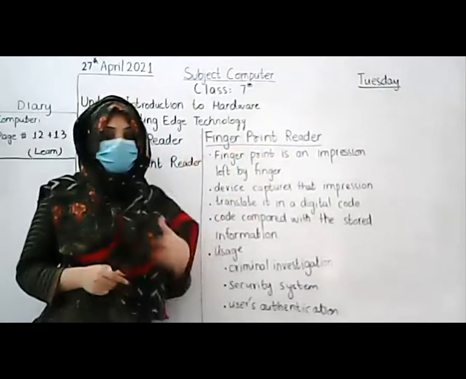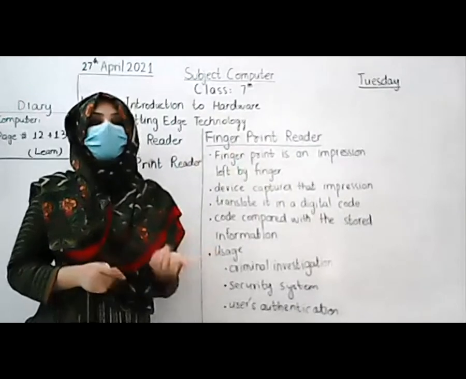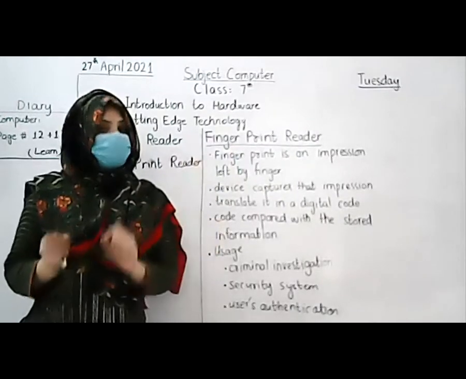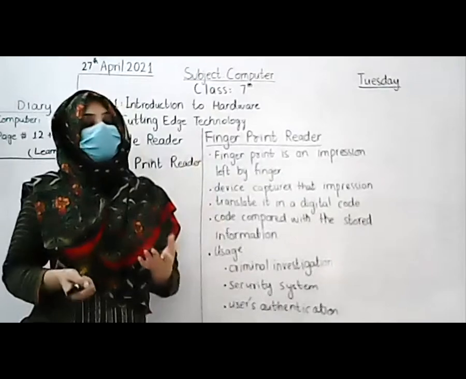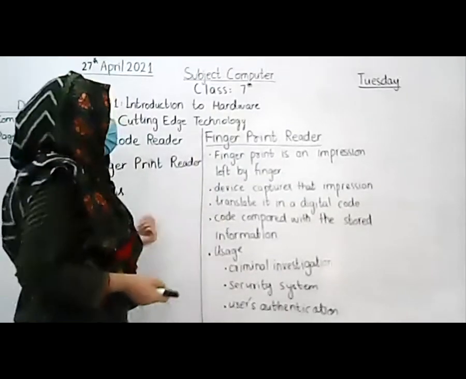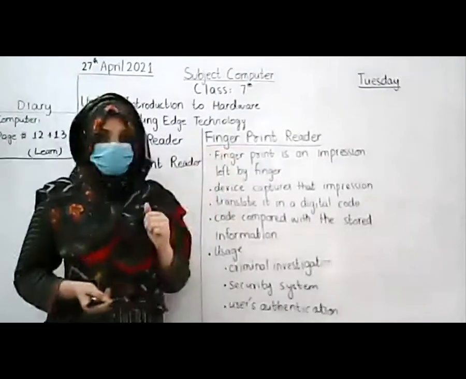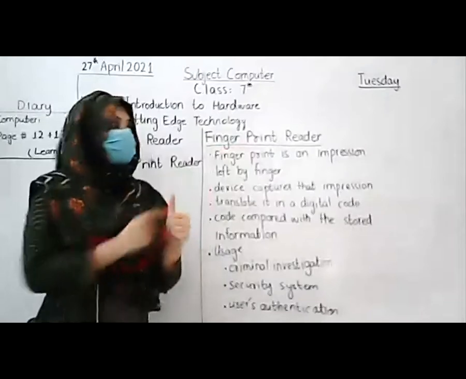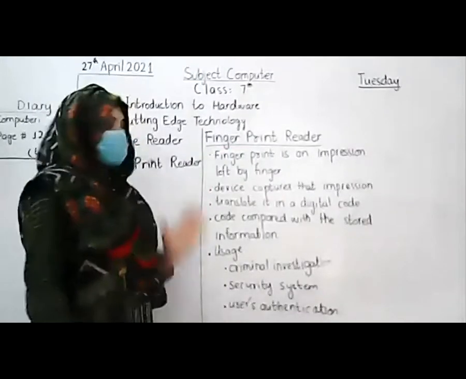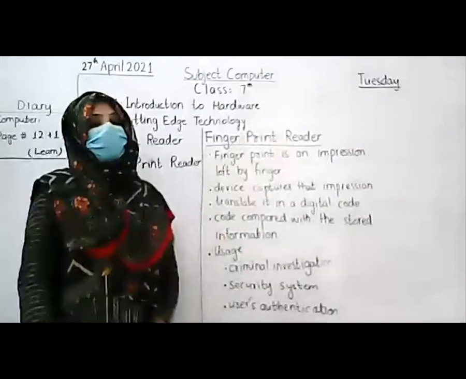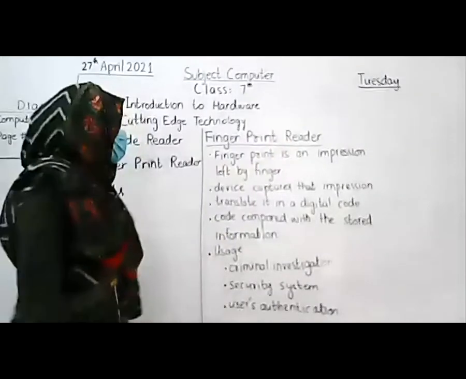As we read yesterday, the barcode is a serial number and the device which scans it is called the barcode reader. Similarly, a fingerprint is an impression left by your thumb and the device which captures it is called the fingerprint reader.